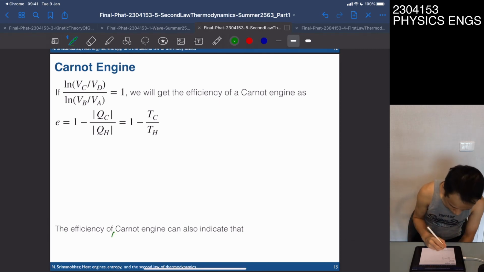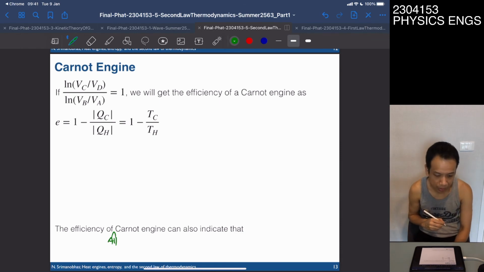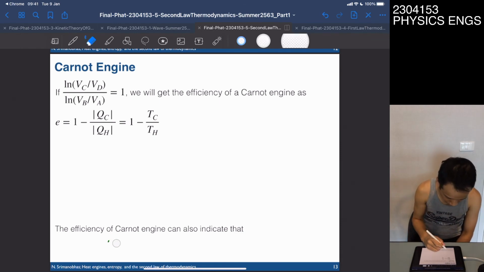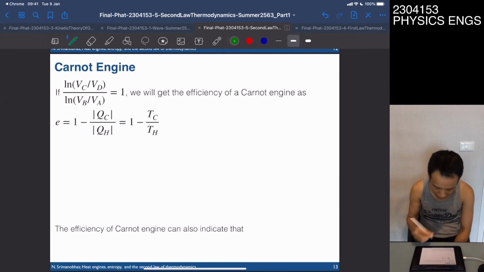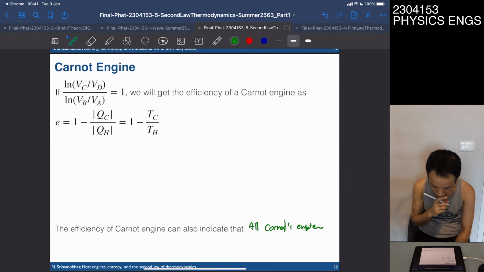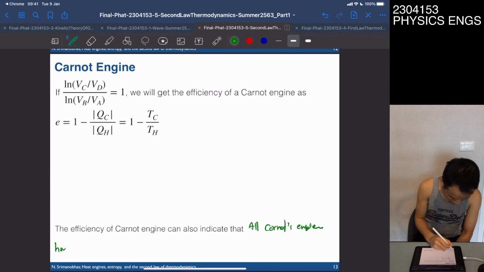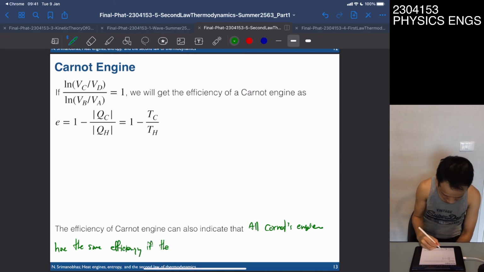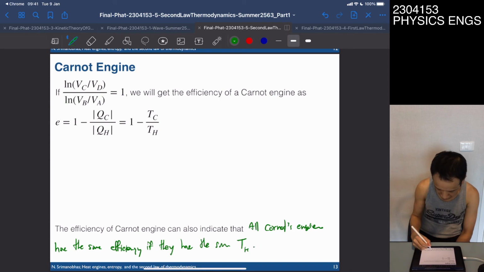So the efficiency of the Carnot engines implies that all Carnot engines have the same efficiency if they have the same T hot and T cold reservoir.